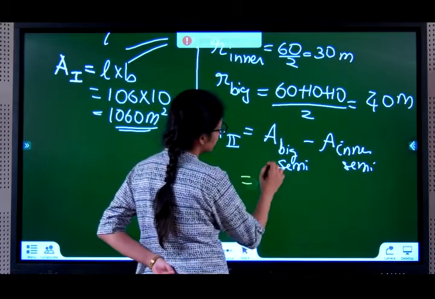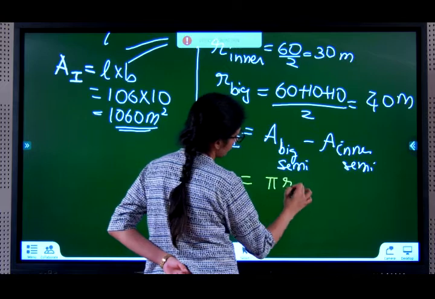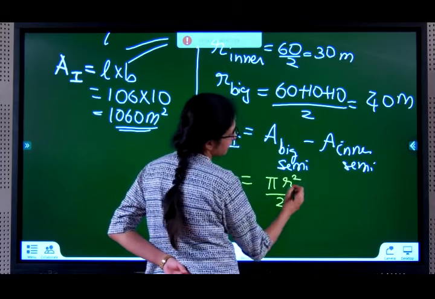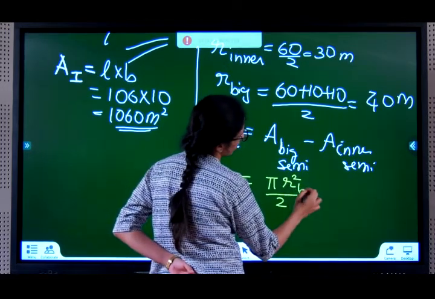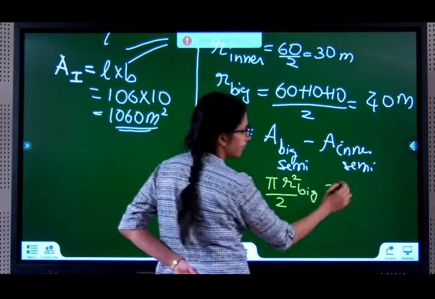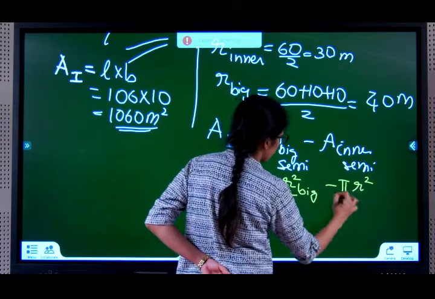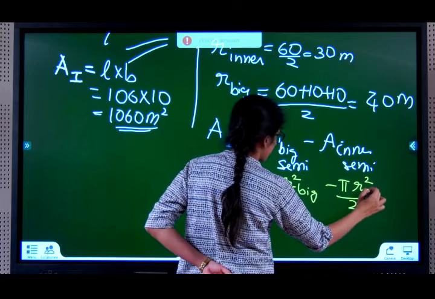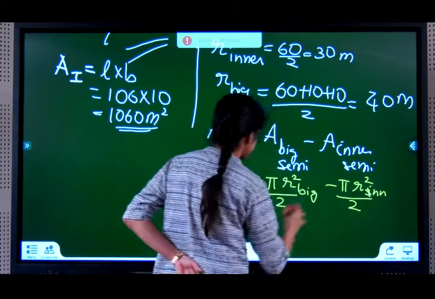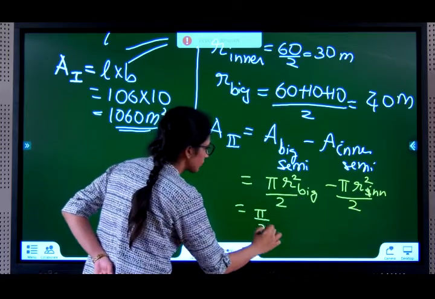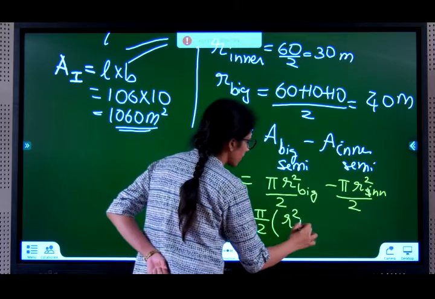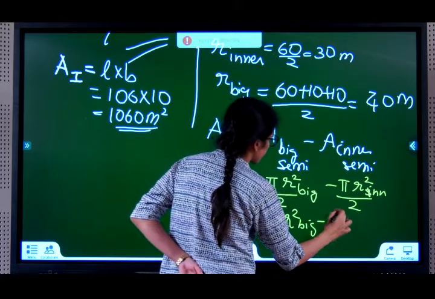Area of big semicircle pi r square by 2, but since the r belongs to the big, I'll write big here, minus pi r square by 2, since it's small here or inner, write inner. Pi by 2 is common, r square big minus r square inner.